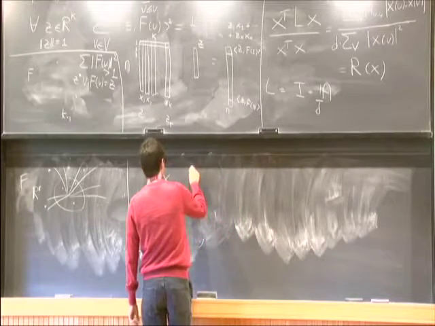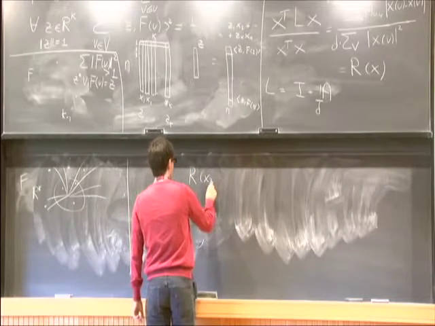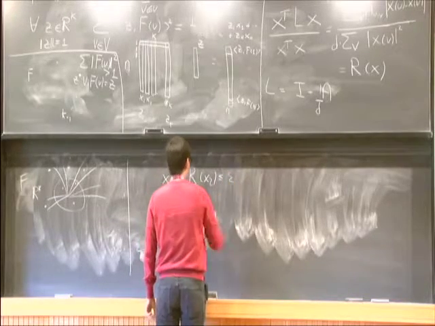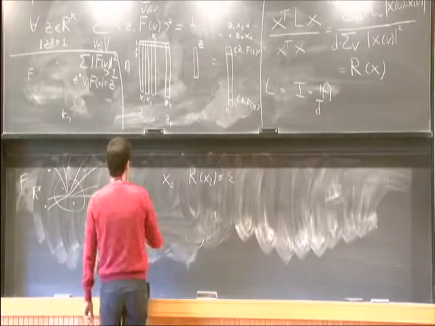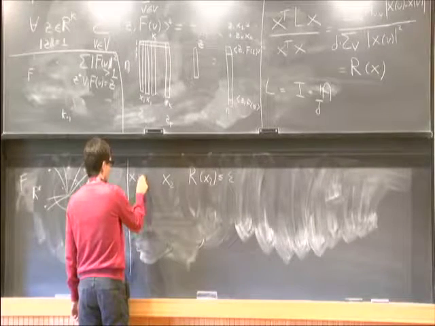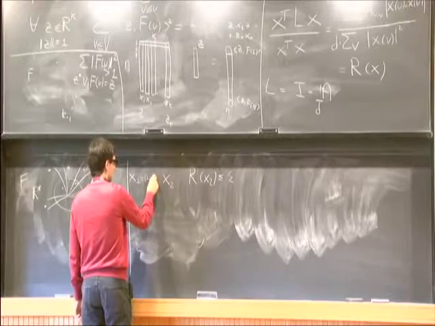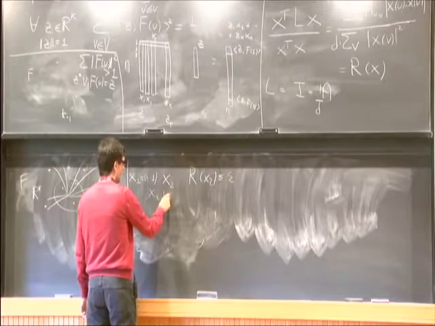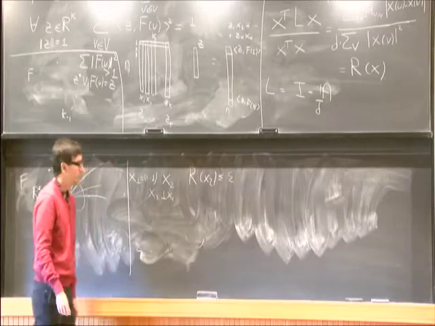Let's say the Rayleigh quotient of x2 is smaller than epsilon. So x1 is the all 1 vector, x2 is orthogonal to x1, and it has this small Rayleigh quotient.